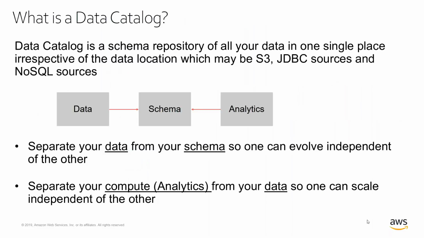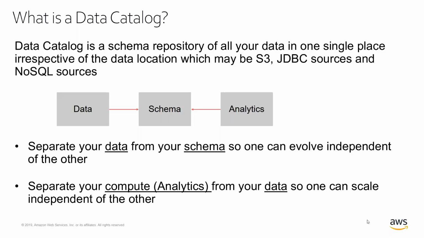A data catalog is a schema repository for all your data in one single place, irrespective of the data location, which may be S3, JDBC sources, which may be your relational sources such as Oracle or SQL Server, MySQL, and even NoSQL data sources such as DynamoDB. So what a data catalog is, it's a schema repository.